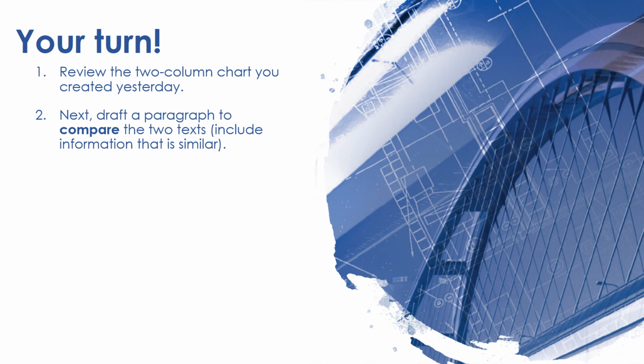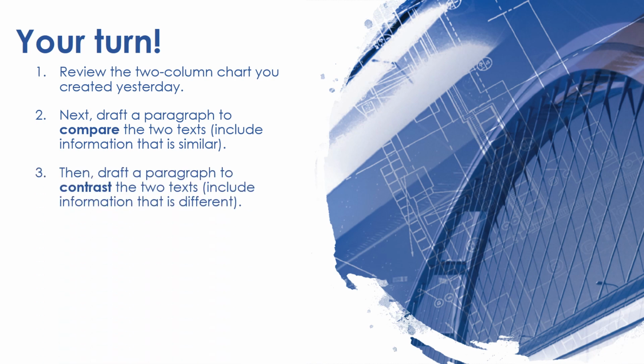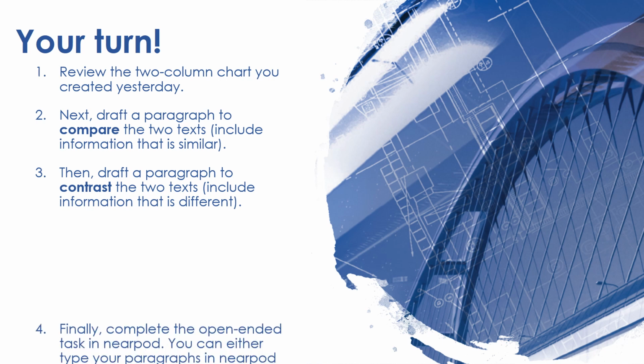So you're going to write a paragraph where you include information that is similar, just like I did in my comparison paragraph. After that, you're going to draft a paragraph to contrast the two texts. And this is where you include information that was different. So again, you're looking at two different types of engineers. So you're going to talk about the differences between them.